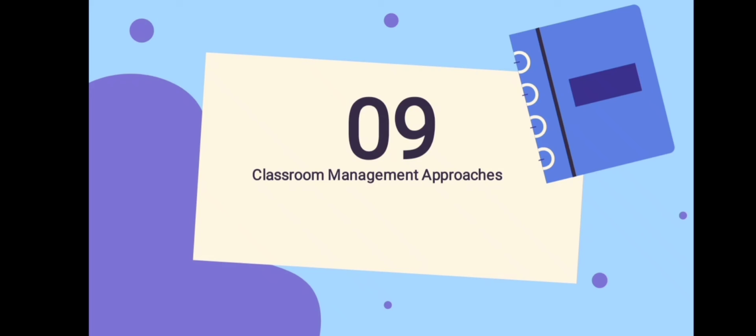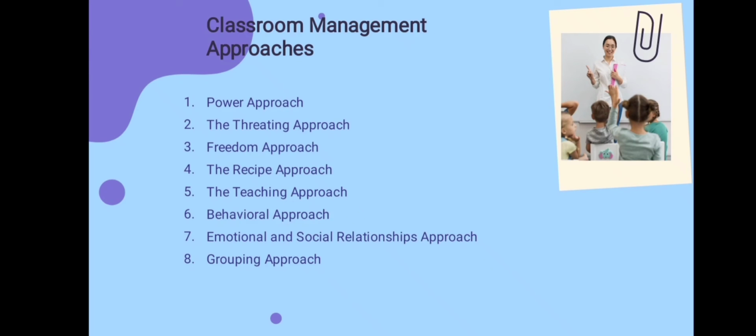Next, classroom management approaches. In learning activity, the teacher uses classroom management to organize their class so that the learning activity can be effective and interesting for students. Using these approaches can help the teacher in classroom management and create a conducive, inspiring, and interesting classroom for learning.